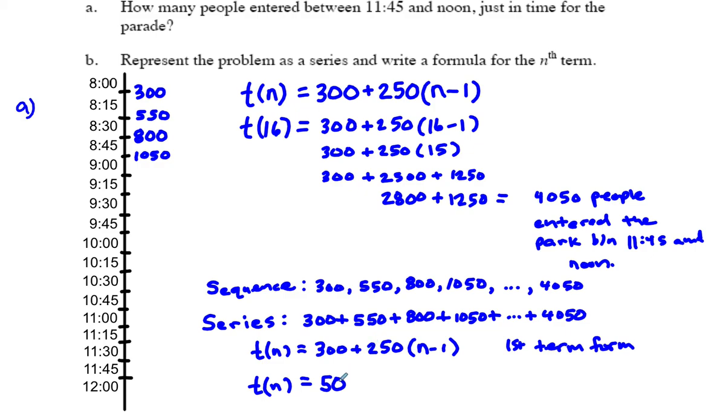I would get 50 by distributing my 250 through the quantity and then subtracting that 250 from 300, leaving me with 50 plus 250n. This is like the 0th term form, or slope-intercept form as you most know it.